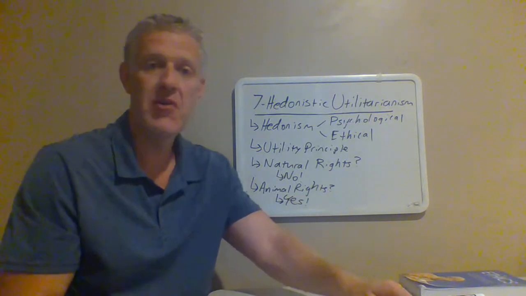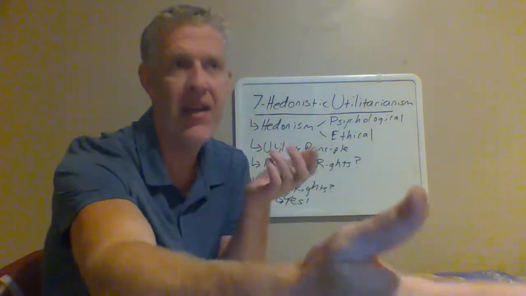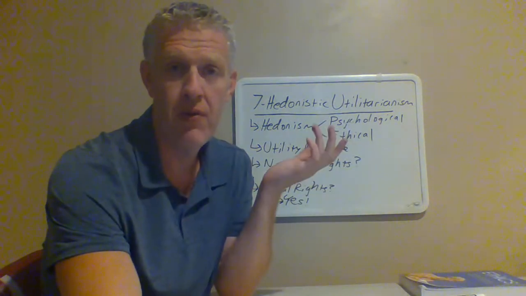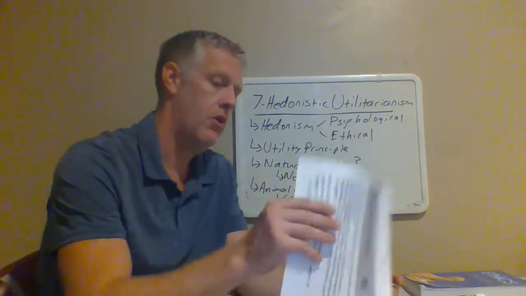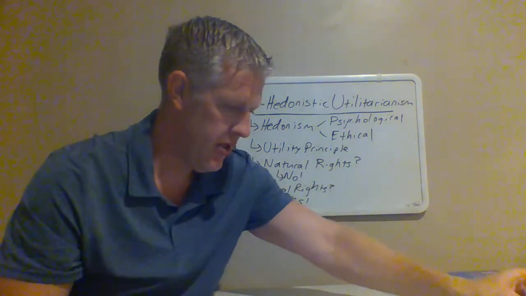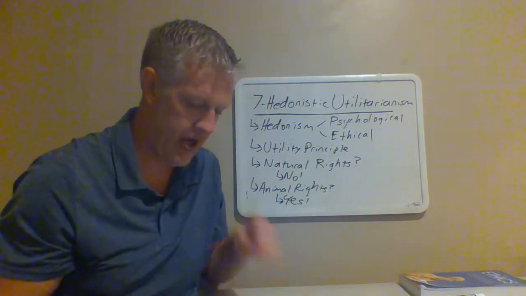Conversely, if you figure out that in doing X you're going to diminish overall happiness, then you have an obligation not to do it. Pretty straightforward. So let's turn to slide 15, where we'll summarize all that.